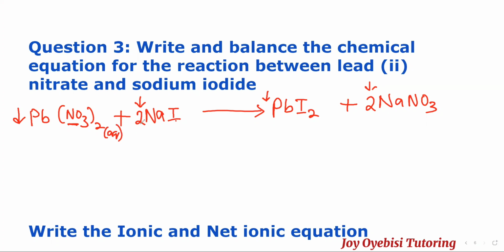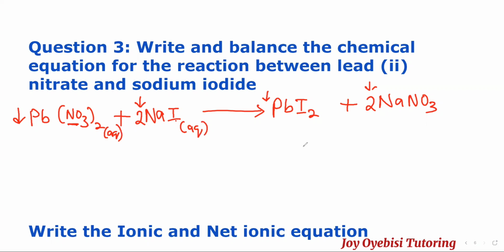Why sodium is also aqueous. So the rule states that all elements in group 1 of the periodic table would always give you a soluble salt. So sodium iodide is soluble. Okay, sodium iodide is soluble.